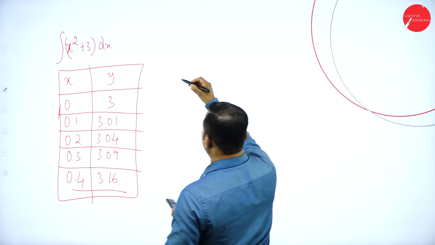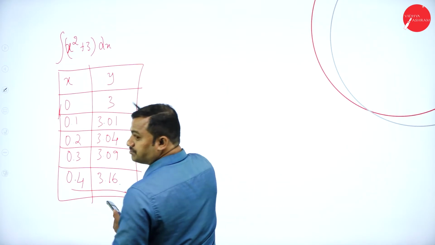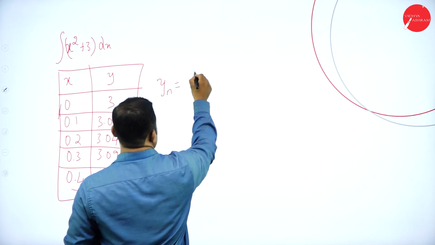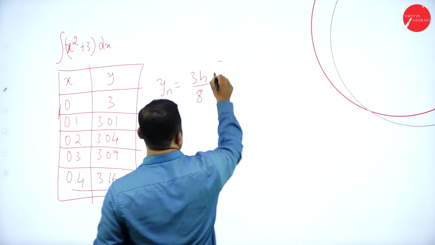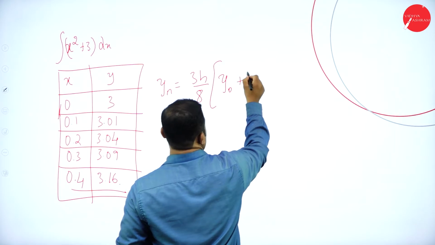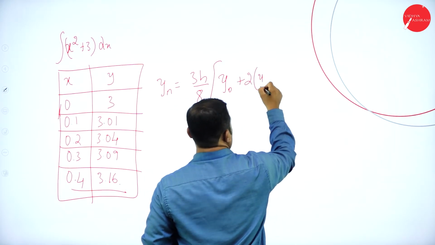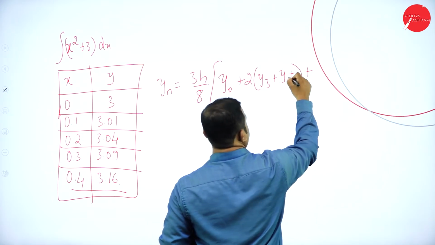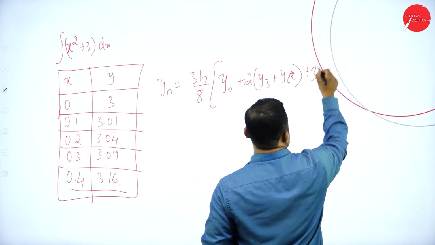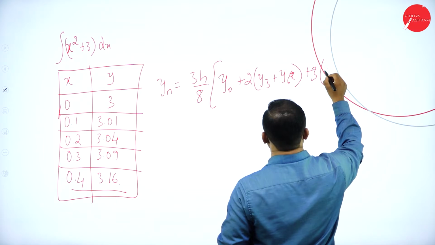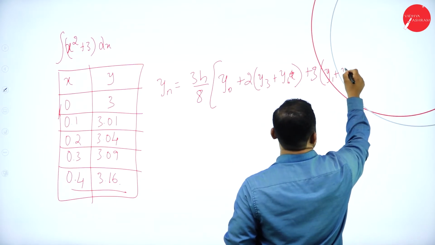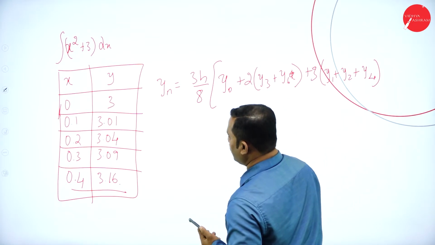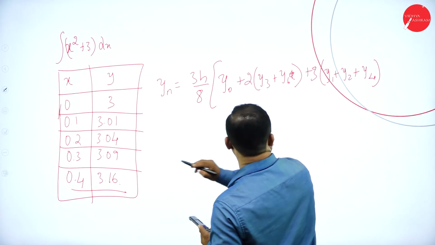So if I want to find the solution to this by using Simpson's 3/8 rule, what is the formula? The integral is equal to 3h by 8 times y0 plus 2 times y3 plus y6 and so on, plus 3 times y1 plus y2 plus y4. I have the value of y4 already here.